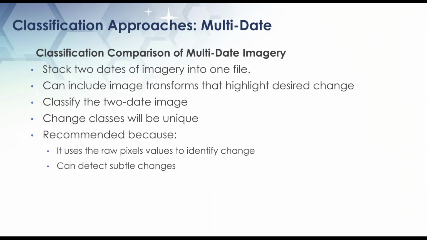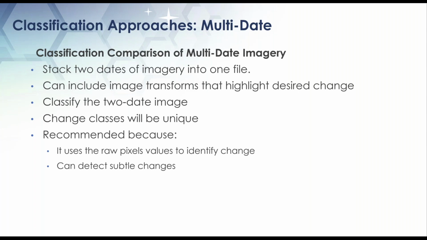So another approach, and this one is I would say more preferred than the one I just described, is actually stacking two dates of imagery into one file. So you take two different dates, you put them all together in one file, and you classify that.